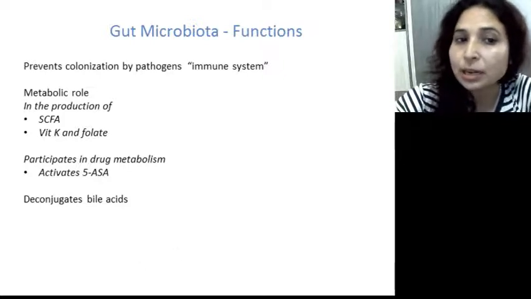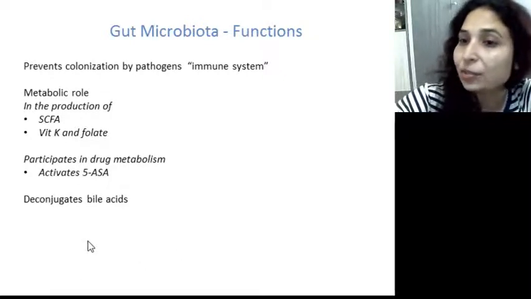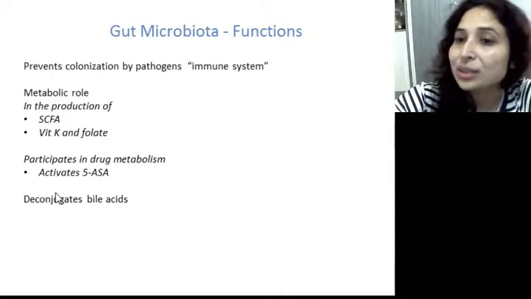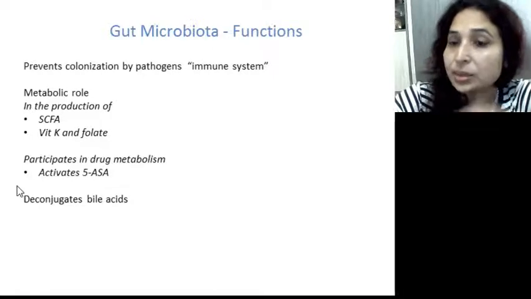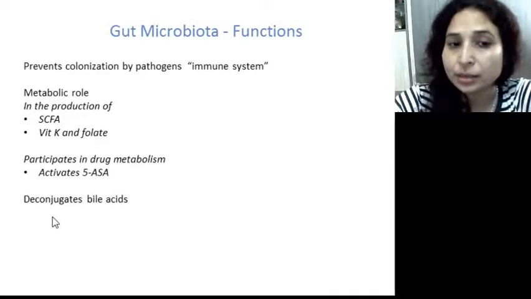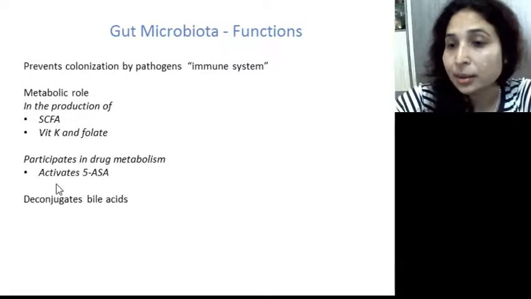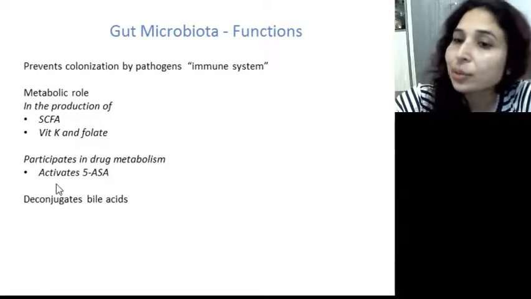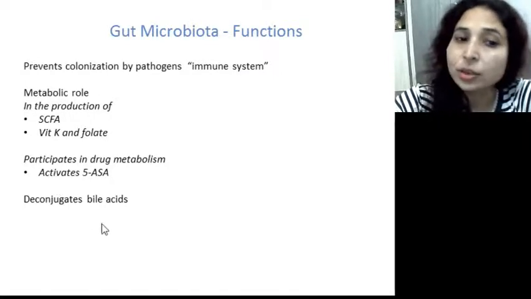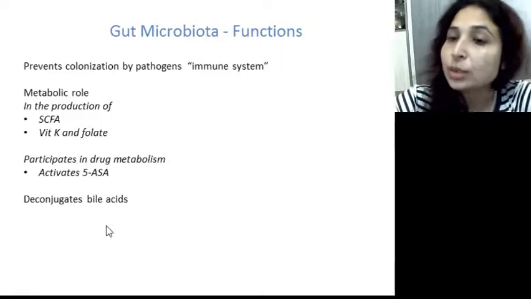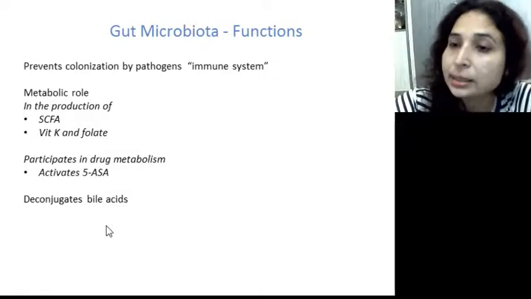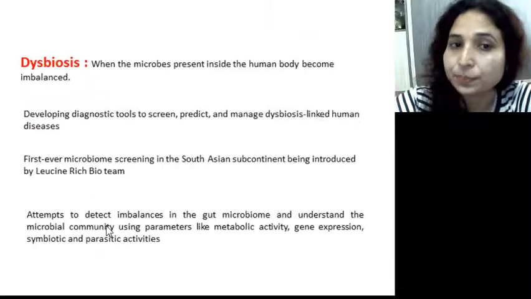Very vital molecules like vitamin K and folate are also synthesized, and the gut microbes have a very important role to play in the synthesis of these vital metabolites and vitamins. Then in drug metabolism, they play a very important role. They deconjugate the bile acids. So these are only some of the functions listed for the gut microbiota.